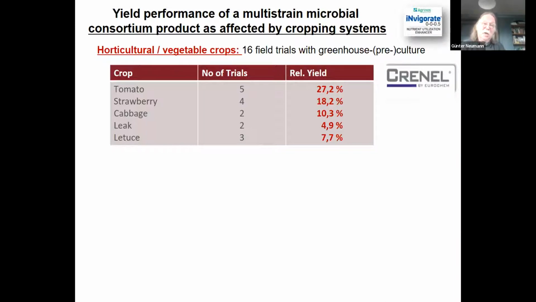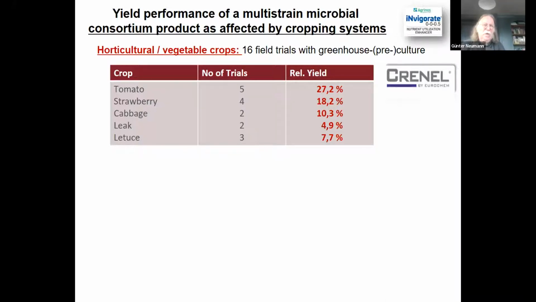This was a project with an industrial research cooperation on a microbial consortium product with multi-strains. 22 different microbial strains were applied here in field experiments or greenhouse experiments with horticulture and vegetable crops, 16 field trials, which were partially conducted really under field conditions, partially or completely under greenhouse conditions.